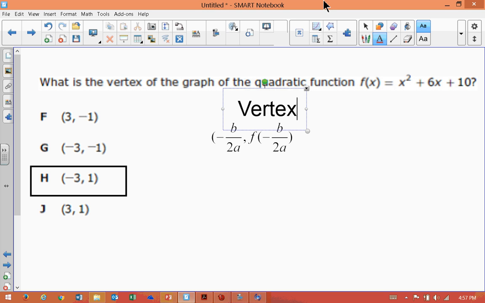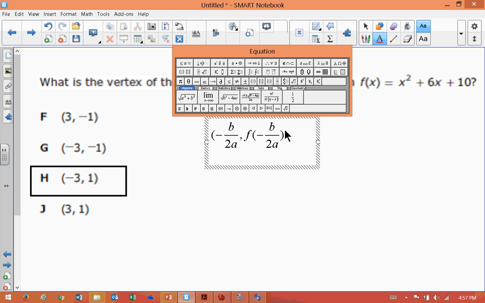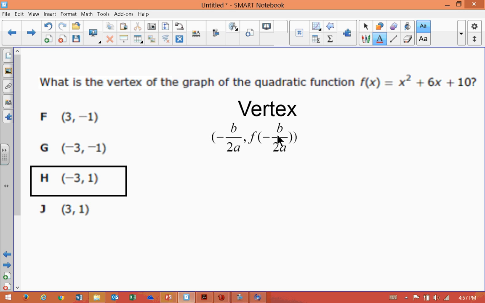The vertex may be a minimum or a maximum point, depending on whether the value of a is positive or negative. Actually, this is an ordered pair, so I should have had another pair of parentheses there. So that's our point, and let's find out what -b over 2a is, looking at our function.